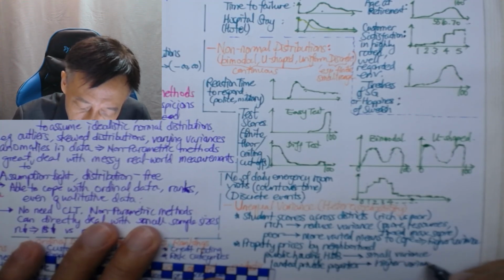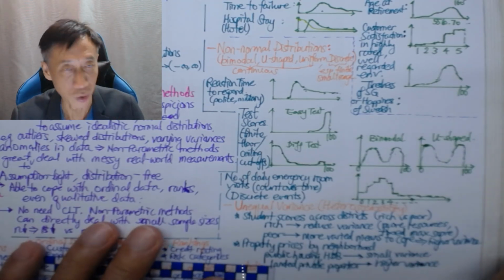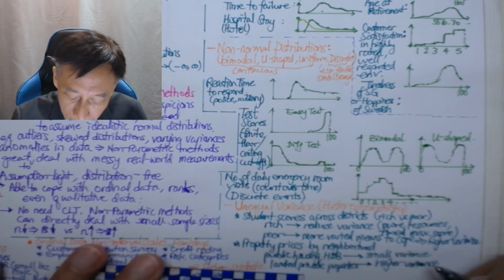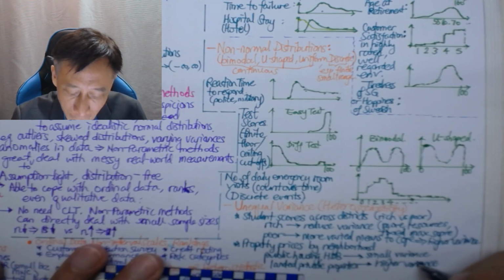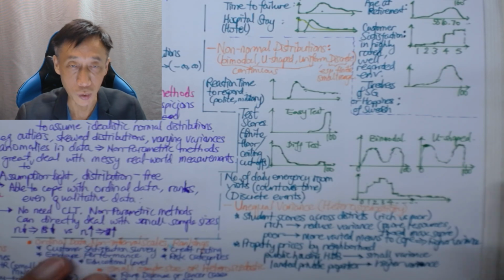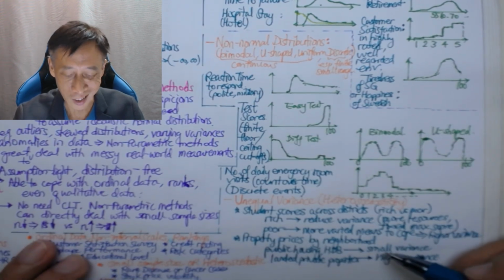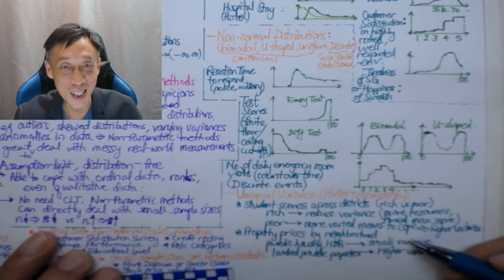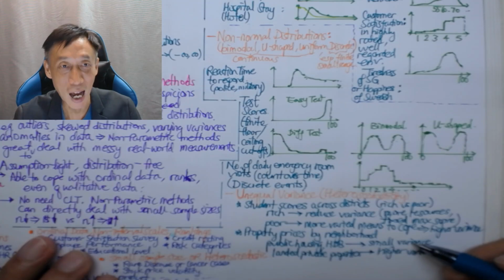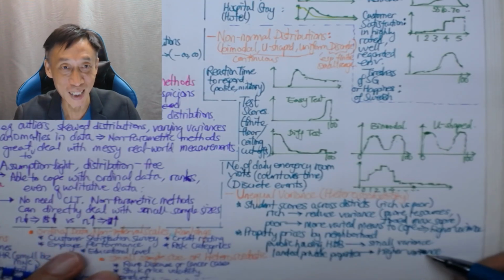Private property is known to have higher variance because the control is really by market reaction, right? But public housing had better be controlled, or else affordability might be an issue, right? So there is active control to make sure variance is not going to be higher than the private property. Then there's a problem.